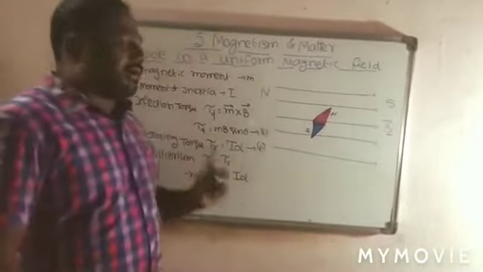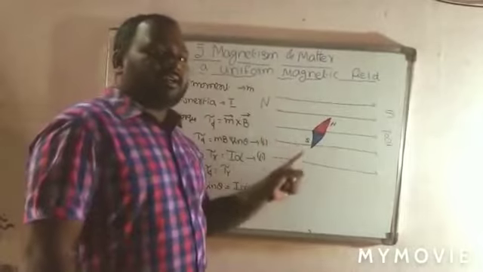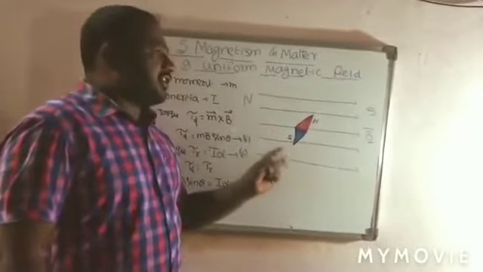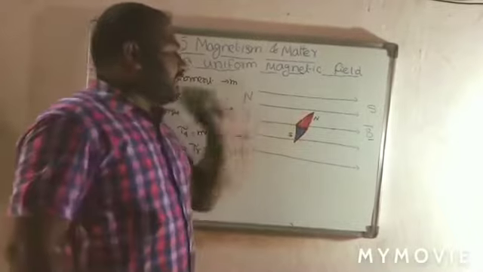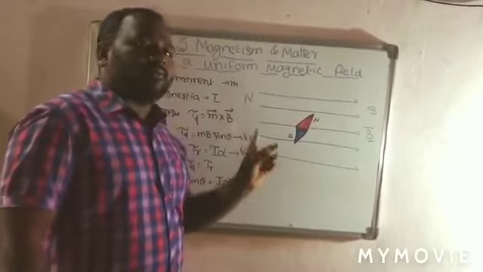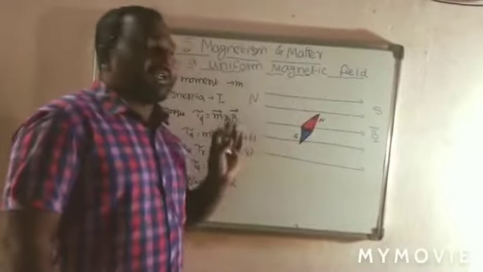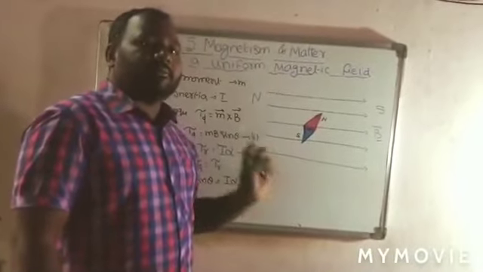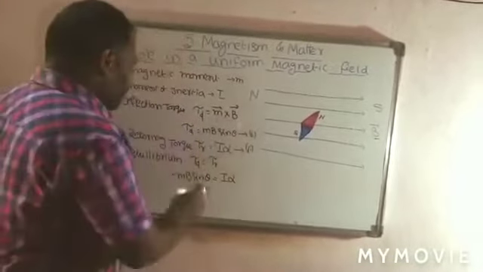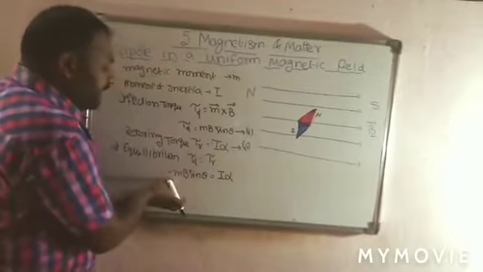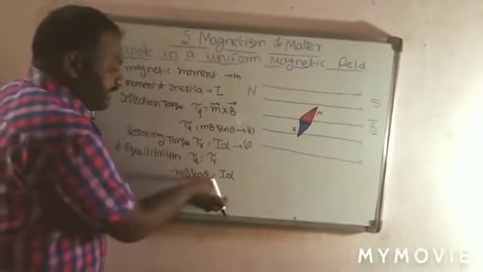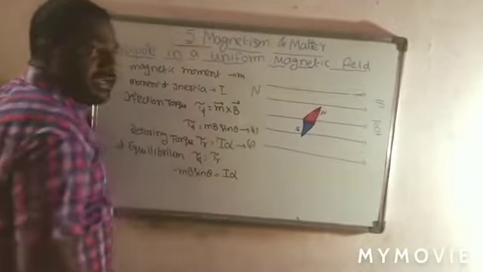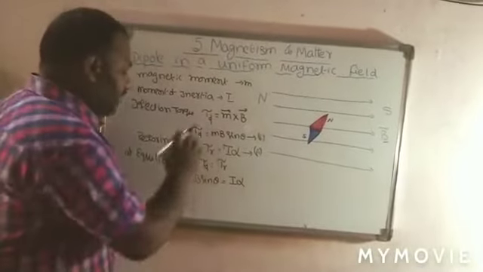The reason to take the minus is that the restoring torque and deflection torque are always opposite to each other. Due to that reason, the magnetic dipole or magnetic needle comes to a particular equilibrium position. Now from that, the deflection torque is minus mB sin theta and the restoring torque can be taken as I into alpha.